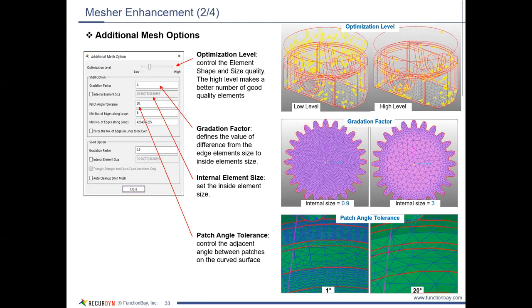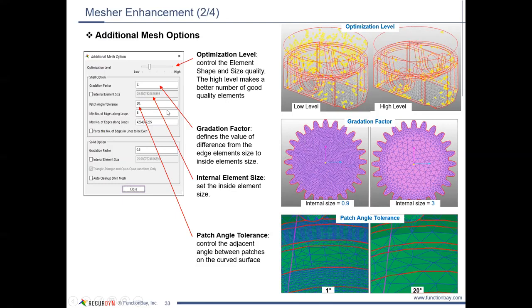So this gradation factor controls how the element size changes. If you look to the right again, and by the way, there's also this internal element size, and you can check that internal element size to make it active. On the left here, you can see that the gradation is not happening.